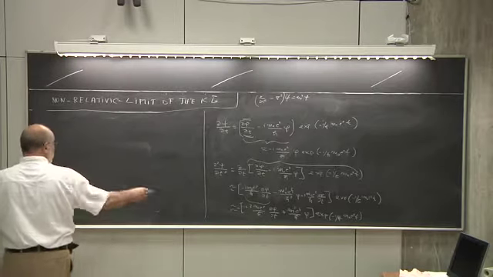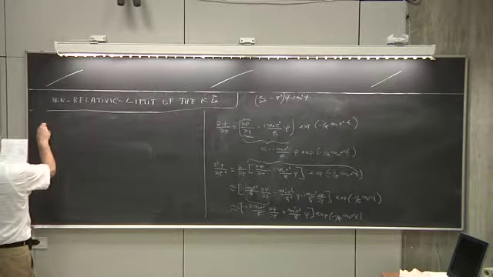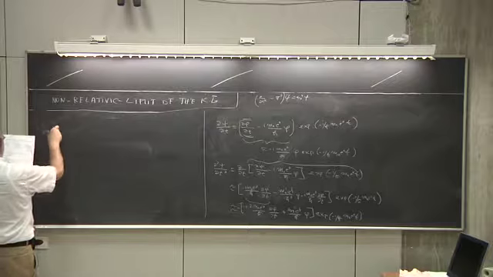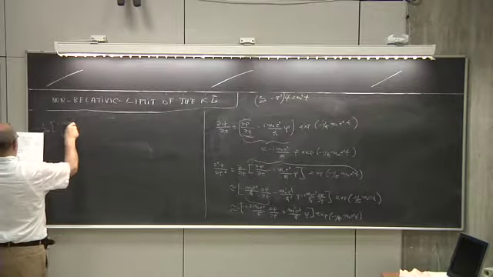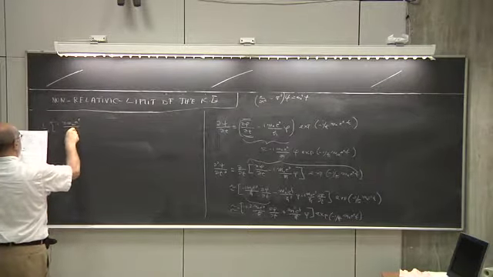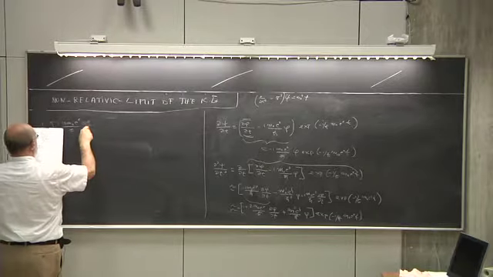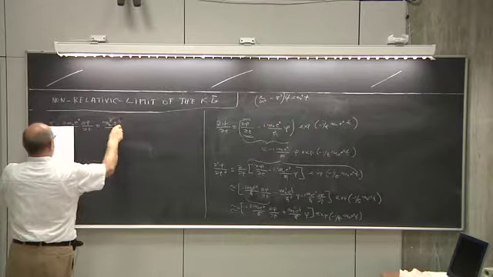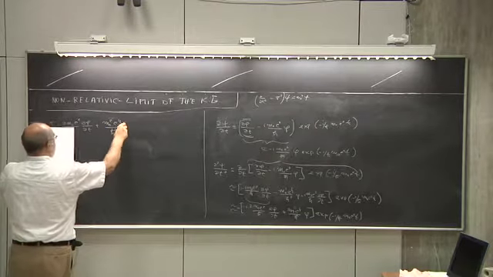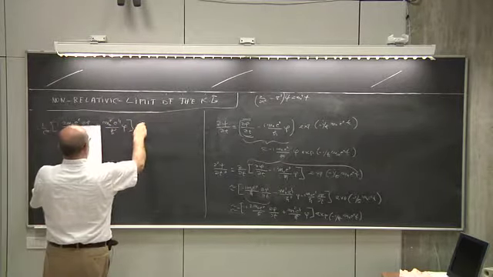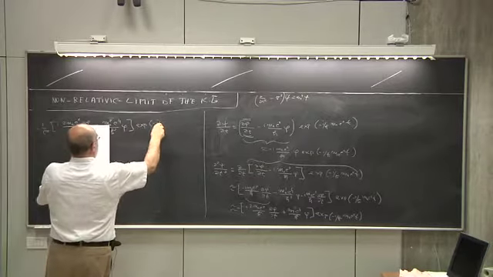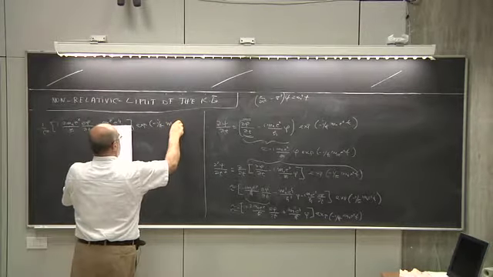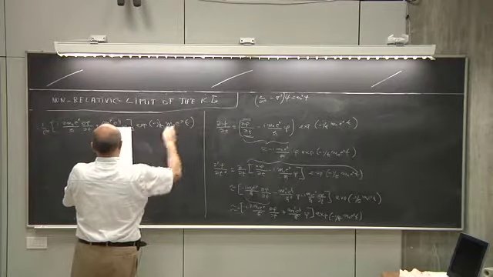Now let's rewrite this last piece. I should have 1 over c squared times i m0 c squared over h d phi dt plus m0 squared c squared over h squared phi exponential minus i over h m0 c squared t.